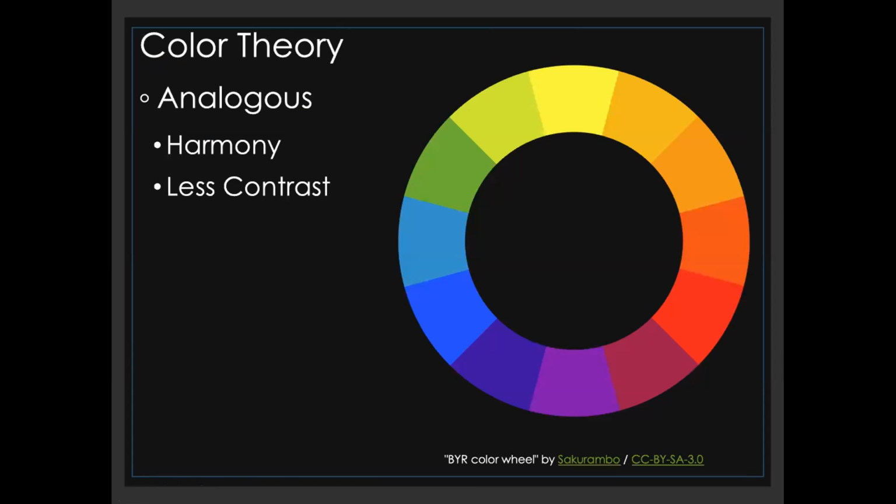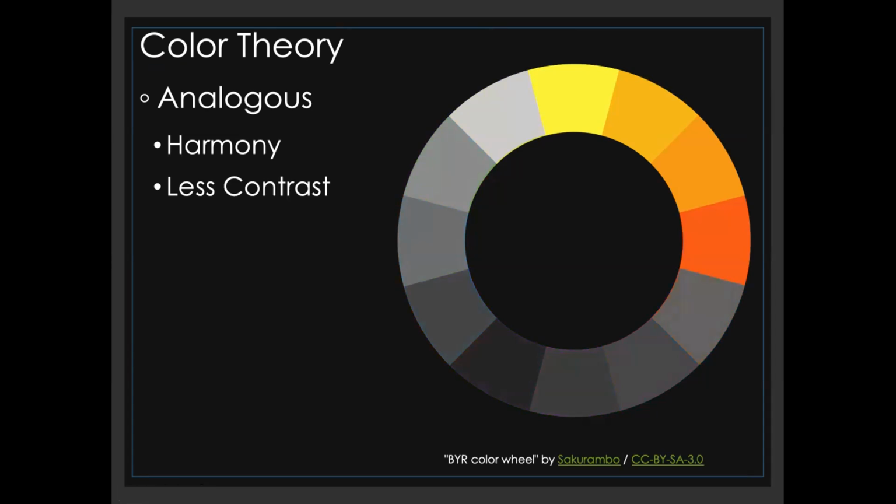All right, so here's the part I know you guys have all been waiting for: color theory. I'm so sorry, I'm going to have to go over this quickly because not everyone is super familiar with color theory. First we're going to talk about analogous colors. These are the ones right next to each other on the color wheel.